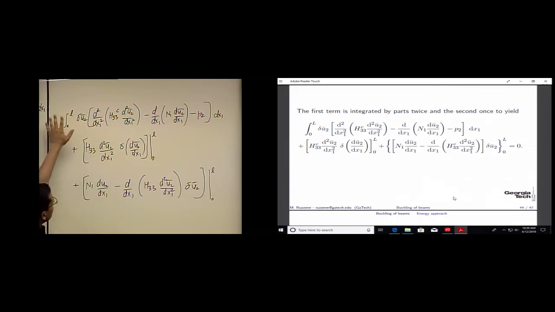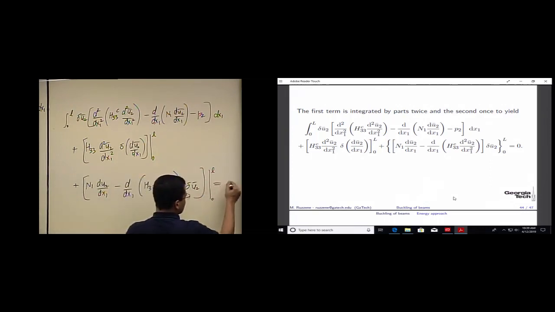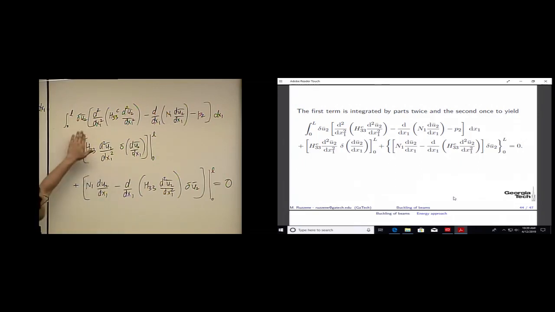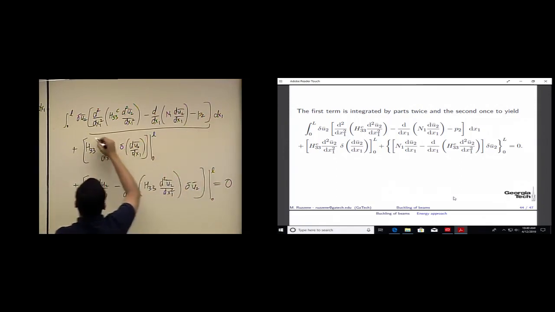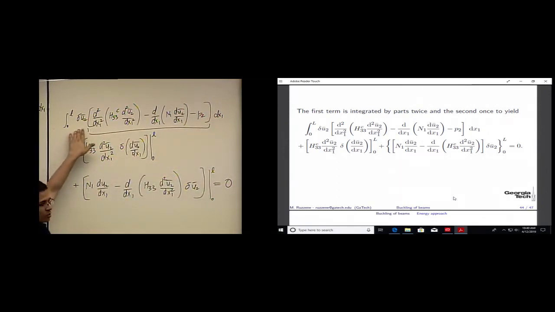So if this entire expression has to go to 0 because variation of total potential is 0, delta u2, which is the variation in u2, cannot be 0, right? Because it's arbitrary. So its coefficient has to go to 0, right? And what does this coefficient look like?